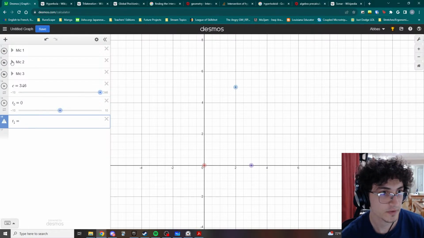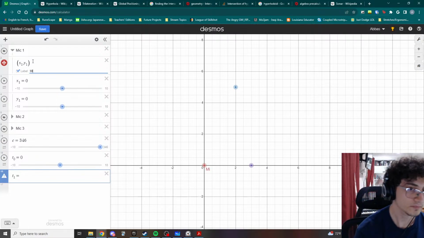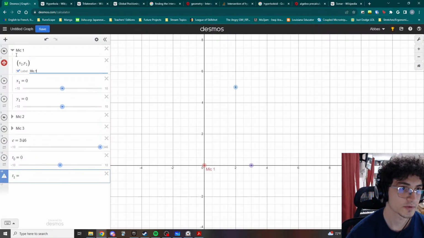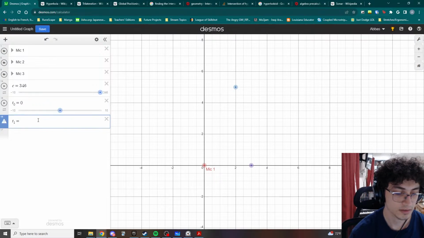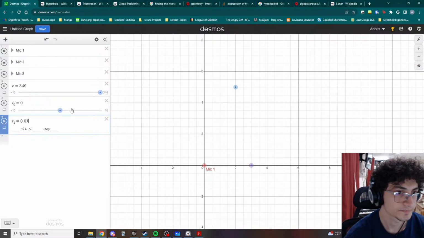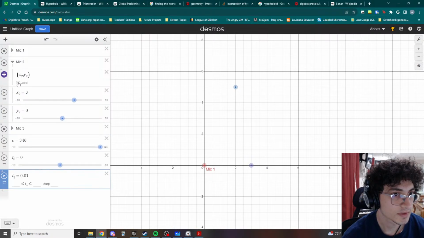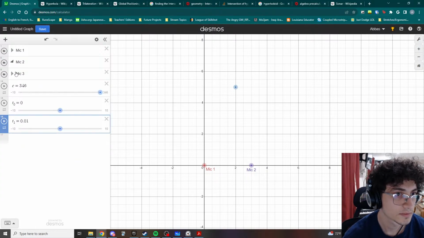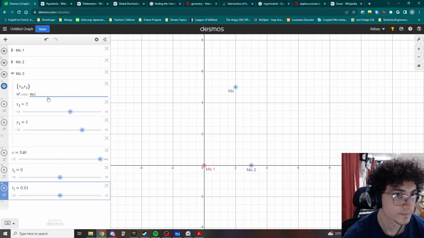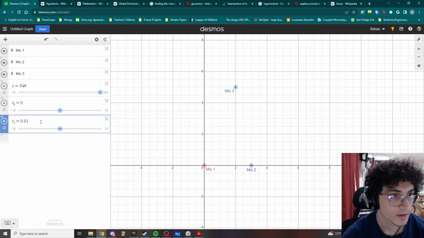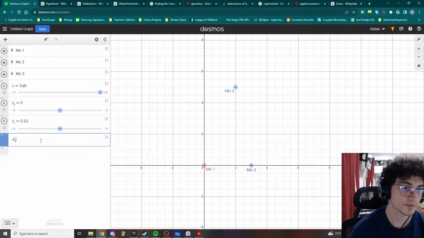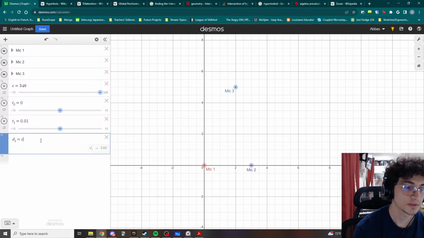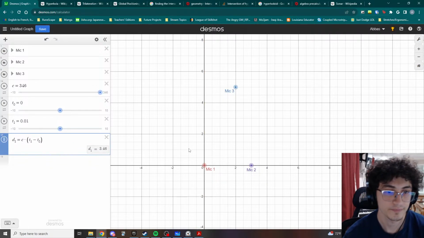By the time it reaches microphone 1, let's label all these, let's say it took, I don't know, 0.01 seconds, right? Let's label mic 2, mic 3. So this is the time it takes the sound to go from the speaker to microphone 1. Then distance 1 has to be equal to C times the difference between T1 and T0, right?